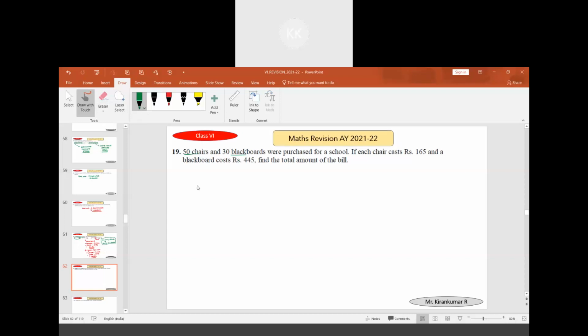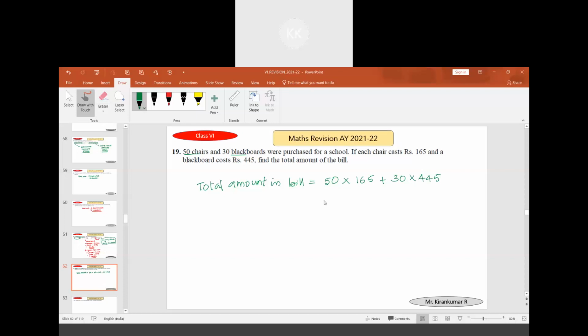So the total amount in the bill will be equal to 50 chairs at 165 rupees plus 30 blackboards at 445.